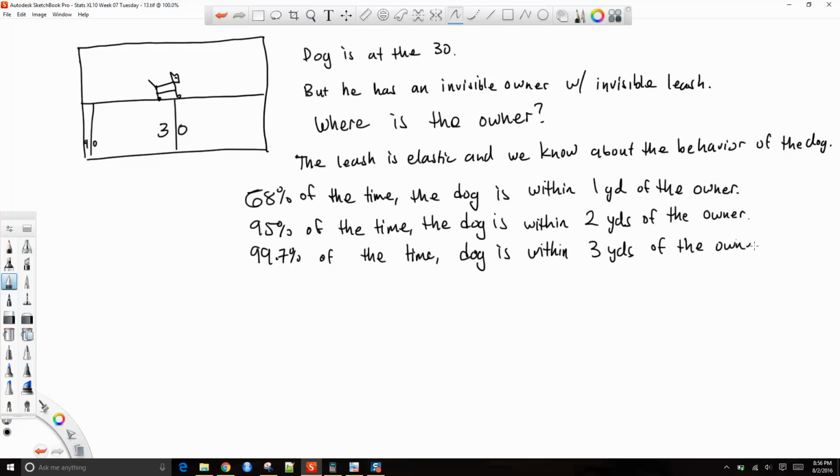Okay? Now technically, because the leash is elastic, the dog could be 4 yards away from the owner, but this happens very rarely. This means the dog was really, really intent on getting far away from the owner that time. It happens, but it happens very rarely.